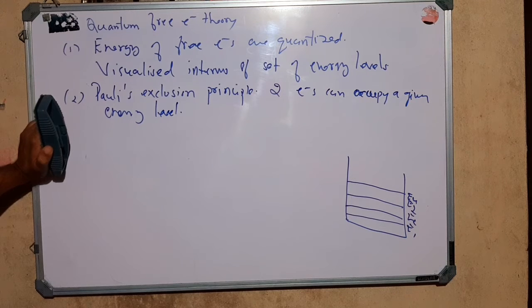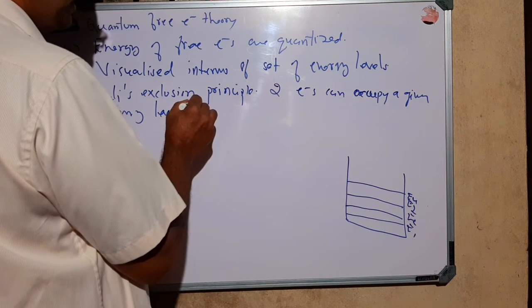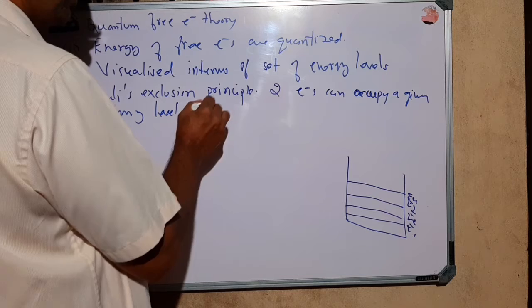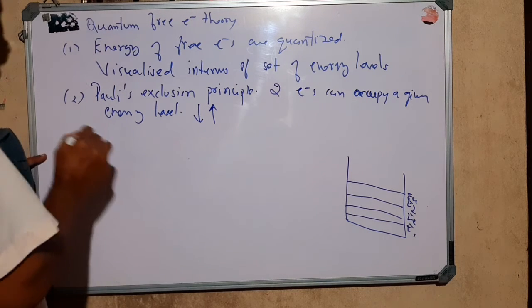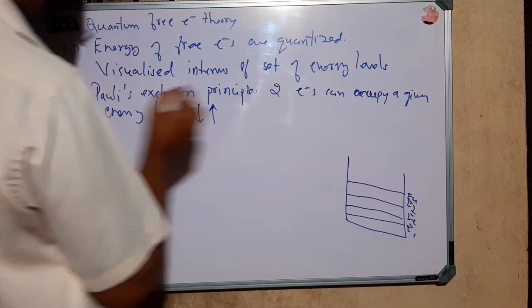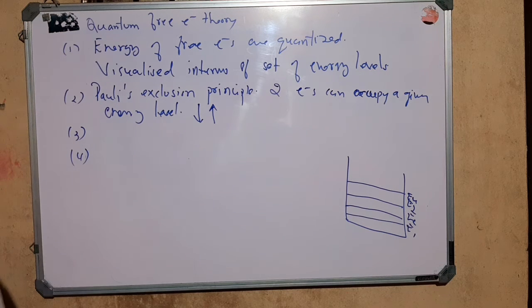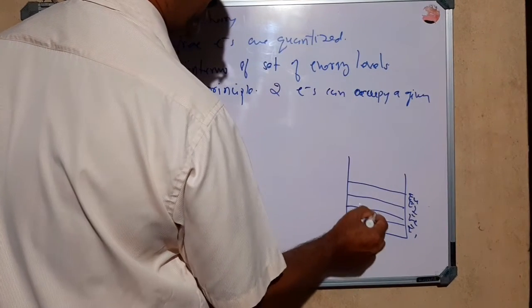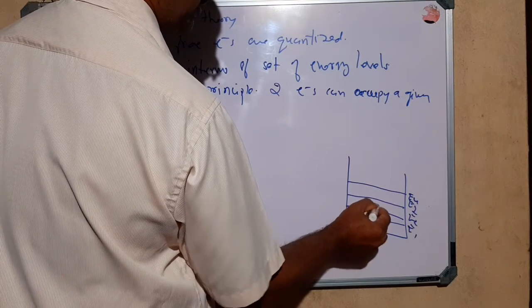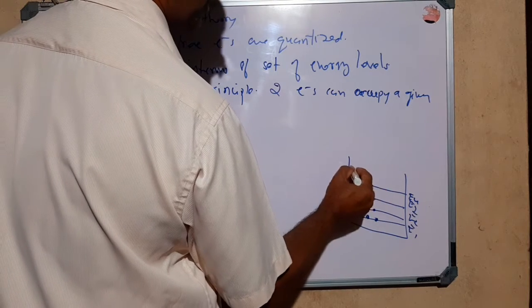That means one is a clockwise spinning electron, another one is an anti-clockwise spinning electron. In this way, we can fill the energy levels. Third and fourth are similar to classical free electron theory. So 2 electrons have energy equal to E1, 2 of them E2. Like this, you can fill the energy levels.